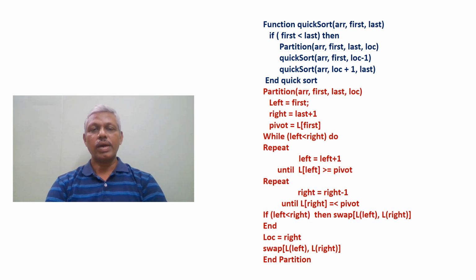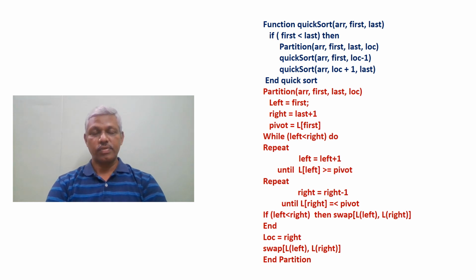Now partition is depicted as a separate function here. Partition takes array, first, last, and location. So left is taken as first, and right is equal to last +1, taken as the index.